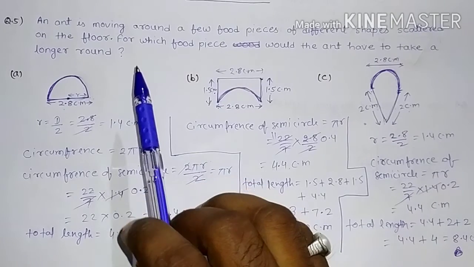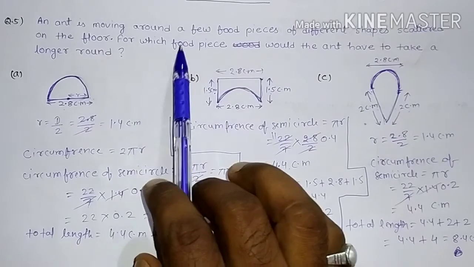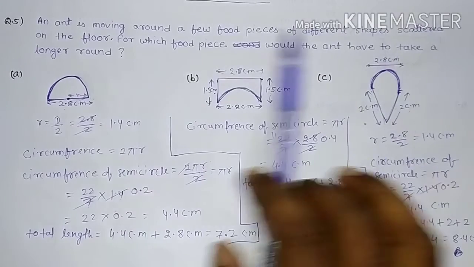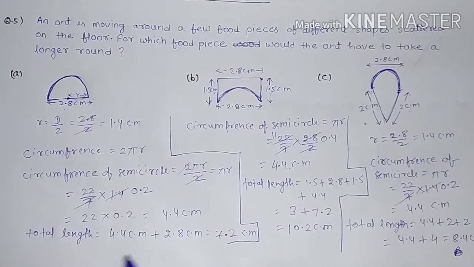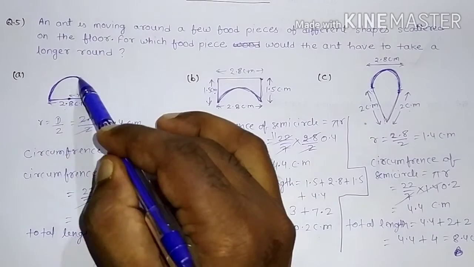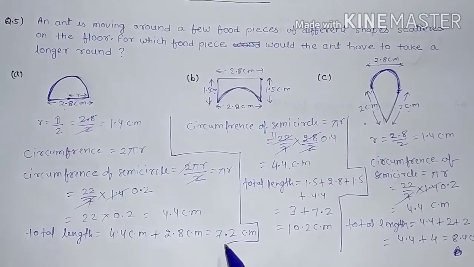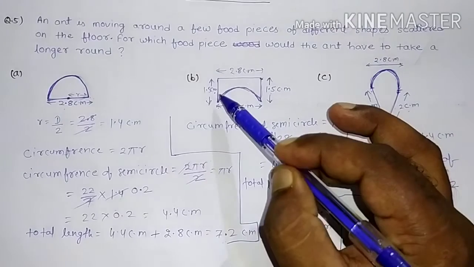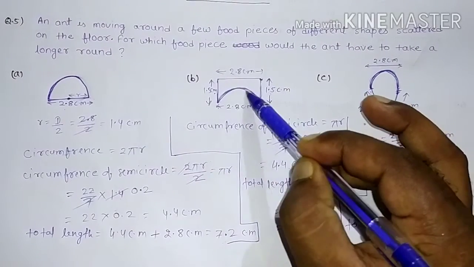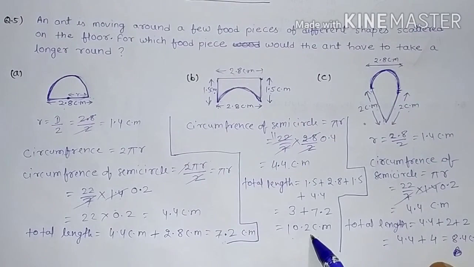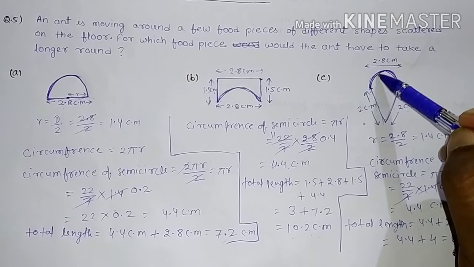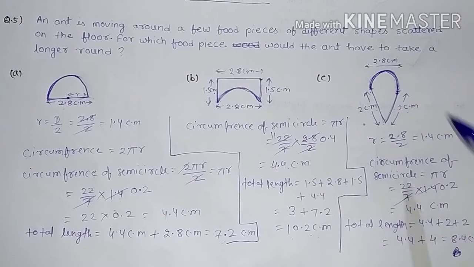The question is, for which footpiece would the ant have to take a longer round? So this one is 7.2 centimeter. The length of this round is 7.2 centimeter, the length of this total round is 10.2 centimeter, and the length of this figure is 8.4 centimeter. Which has larger length or larger round?